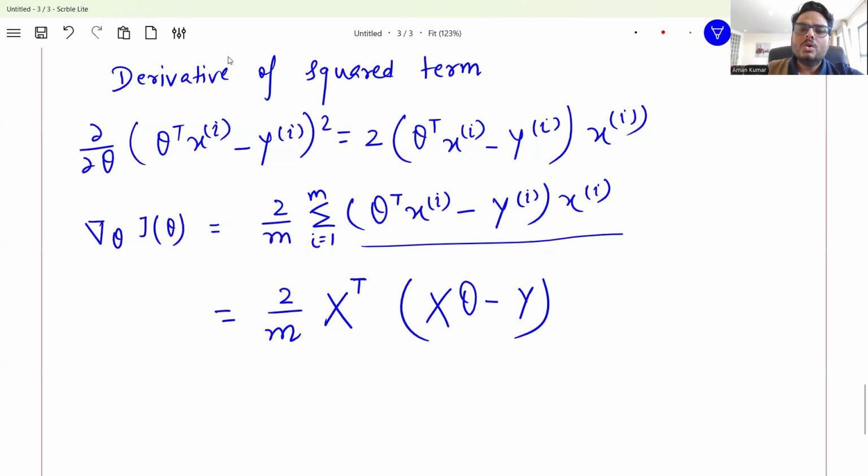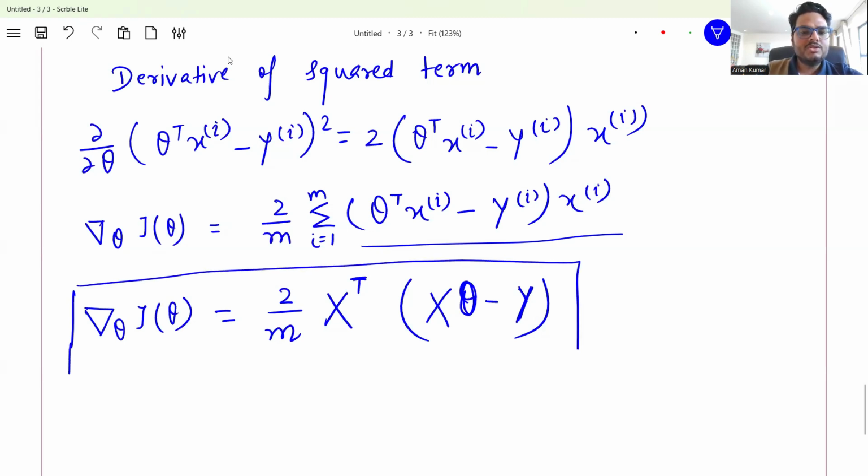I take the transpose of x because that is what gets multiplied with the weights, and then I multiply x theta, which is nothing but my prediction. And this y is my actual value. So this is basically your derivative term.